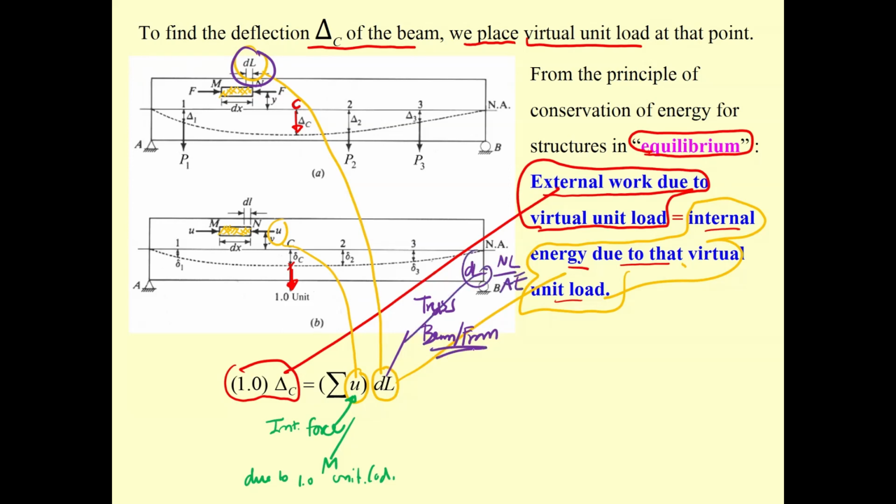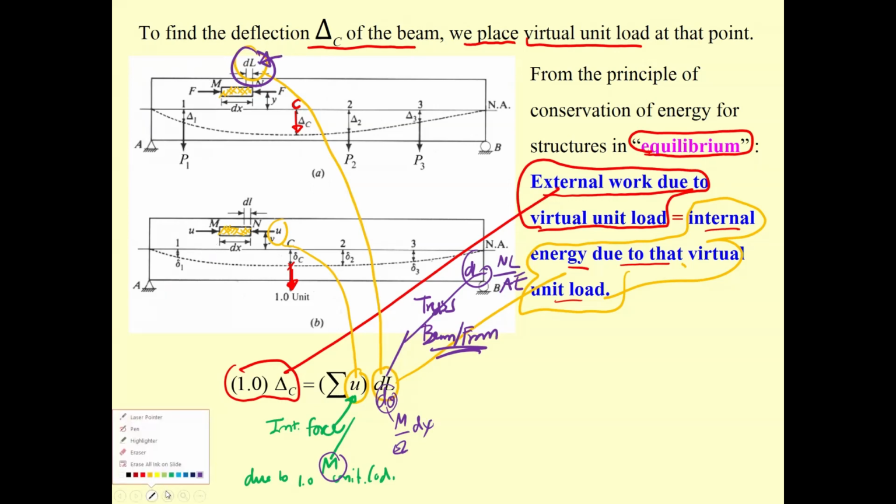But for the beam and the frame, you have to change this to moment. This changes to d theta, and d theta is going to be M over EI dx. Then the term over here is going to be the real deformation.